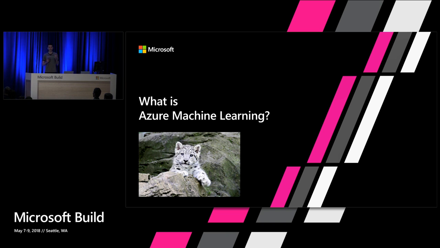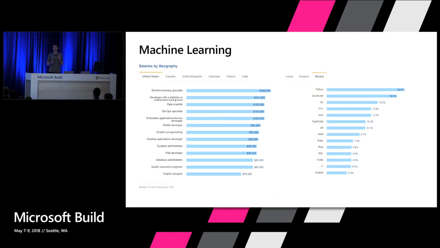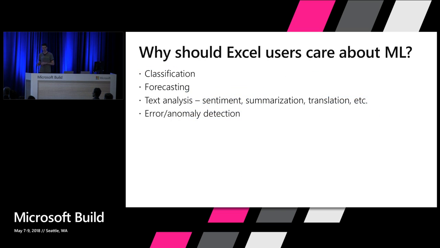It's becoming increasingly relevant, and especially for Excel. This is just from the Stack Overflow annual survey. You can see machine learning specialist, highest paid right now for developers in the United States, and Python as a super popular language. There's a bunch of different cases today why it's fantastic to get those Azure machine learning capabilities right into your spreadsheets.